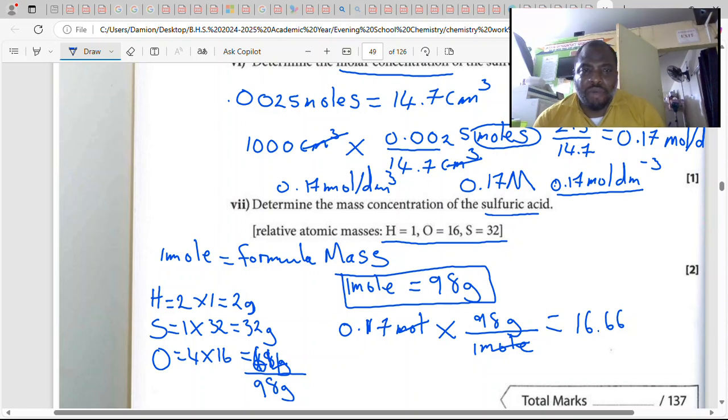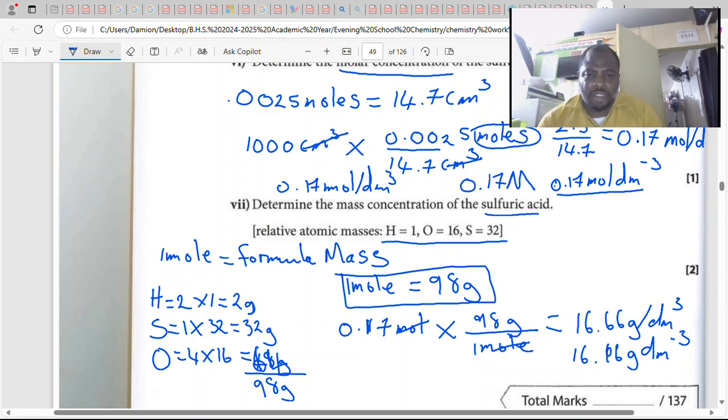And so we would be working with grams per dm cube. And so that would have been the mass concentration.